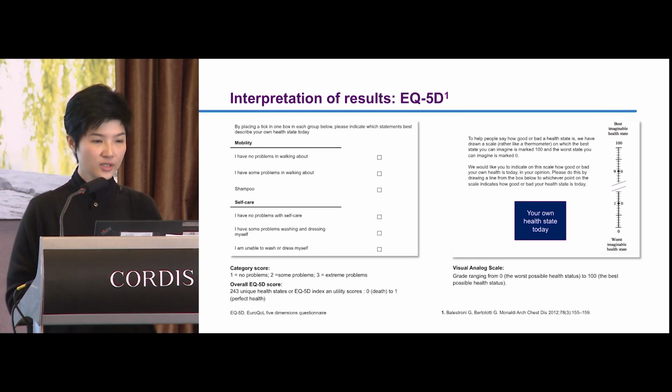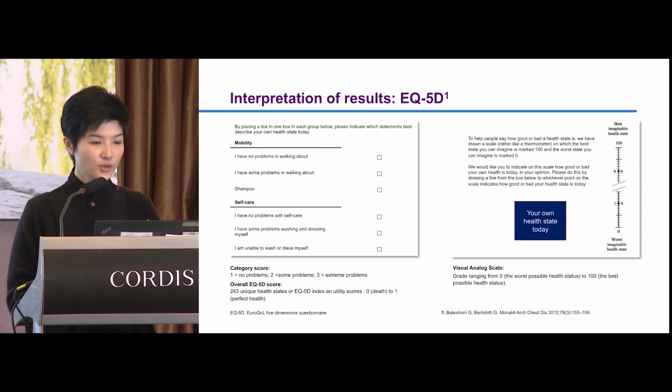In the first part, the patient has to report their problems in performing activities in these 5 dimensions. Each dimension is further divided into 3 levels of severity, corresponding to 1, no problem, 2, some problem, and 3, extreme problem.